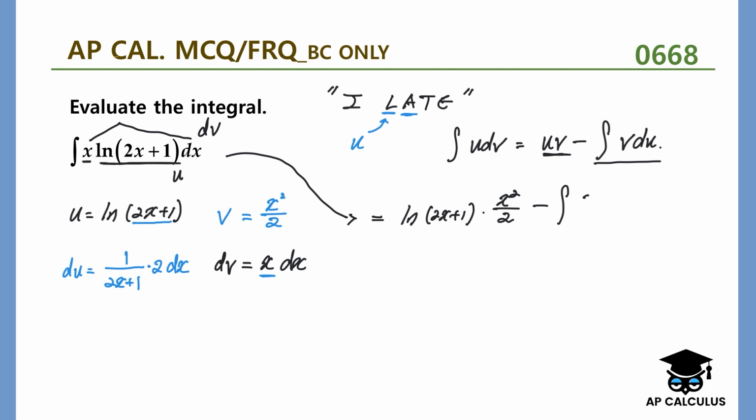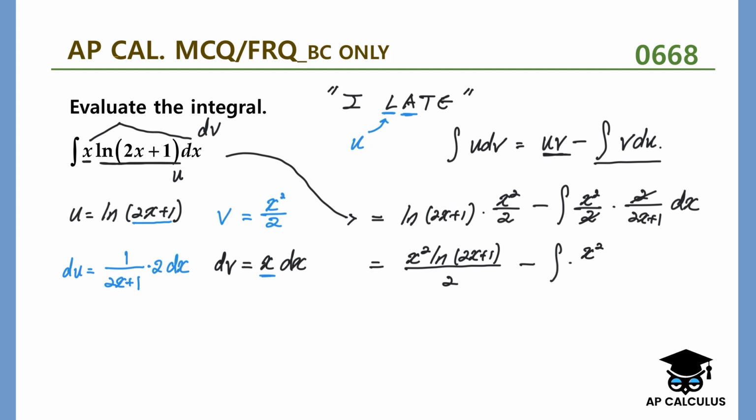Integral v, x squared over 2, times du is 2 over 2x plus 1 and dx, right? So that's going to be equal to, here that's x squared natural log 2x plus 1 over 2 minus integral, this one cancels out, x squared over 2x plus 1 dx, right?